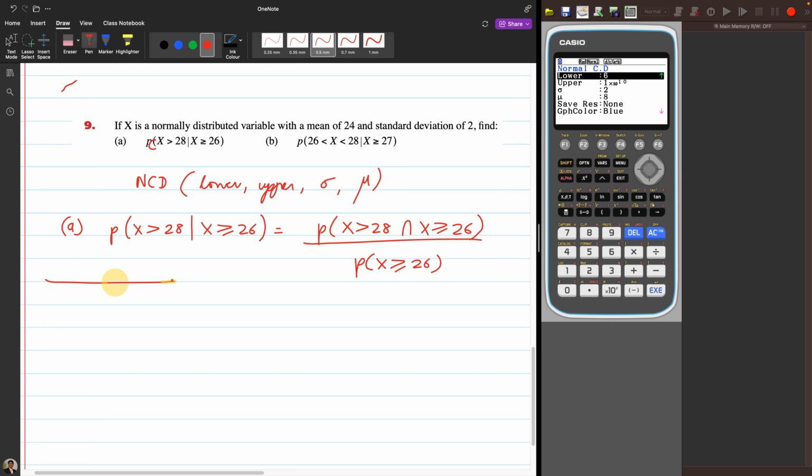Think of a number line: 26, 27, 28, greater than 28, greater than or equal to 26. What is the intersection? This is the intersection. Intersection is both the areas. So greater than 28. So my numerator becomes probability x is greater than 28, divided by the probability that x is greater than or equal to 26.